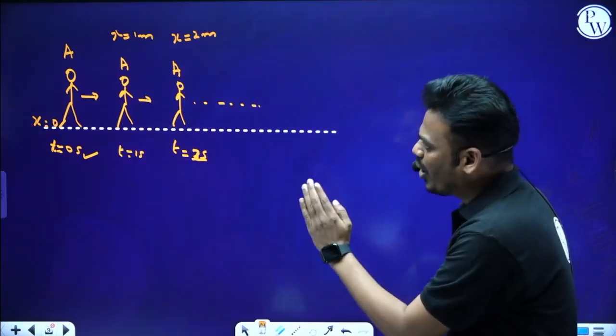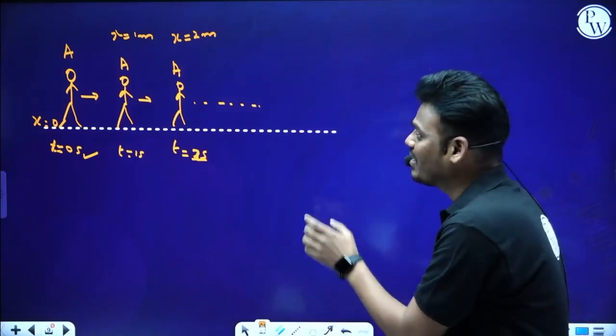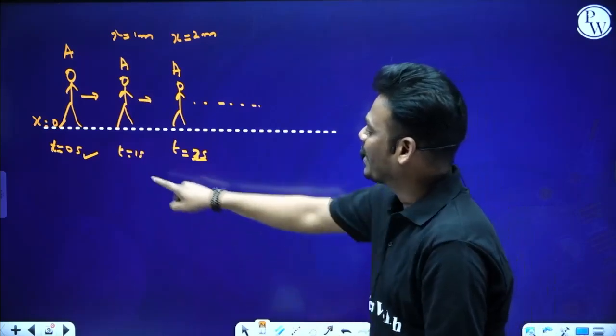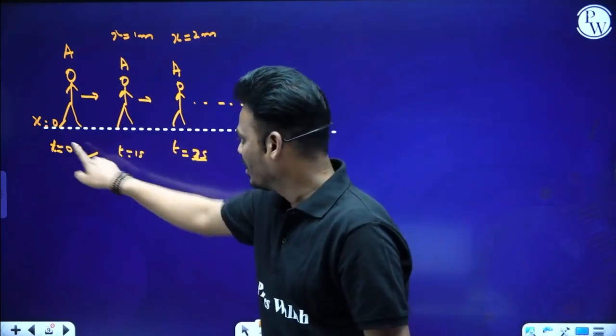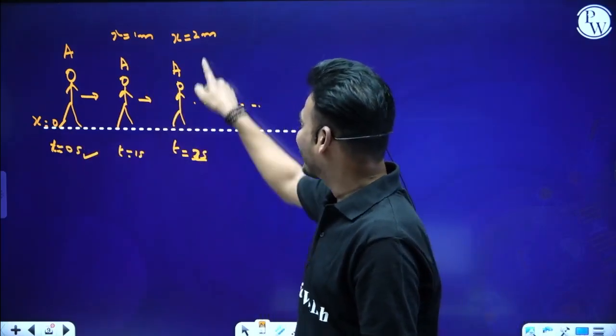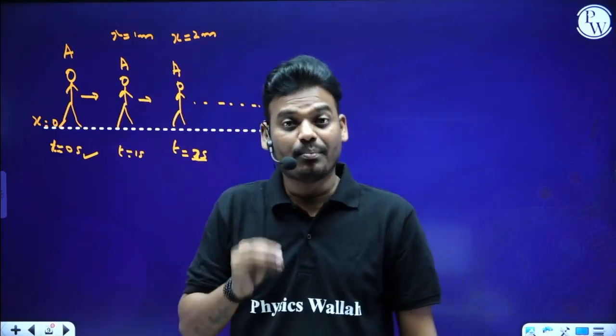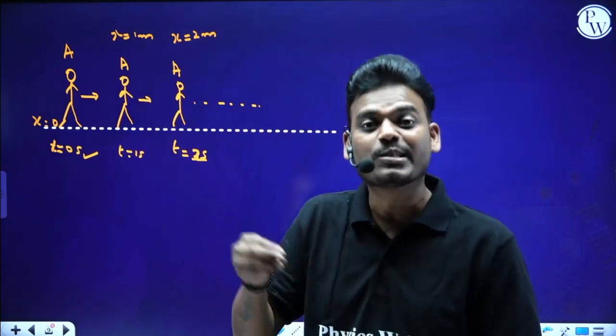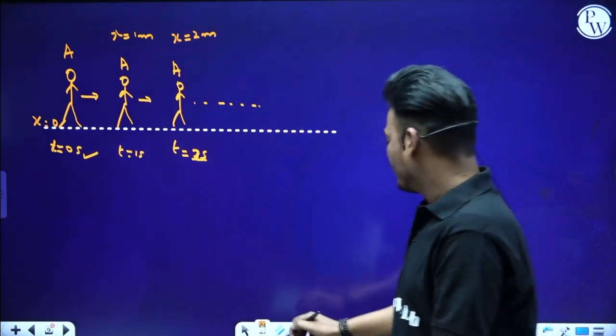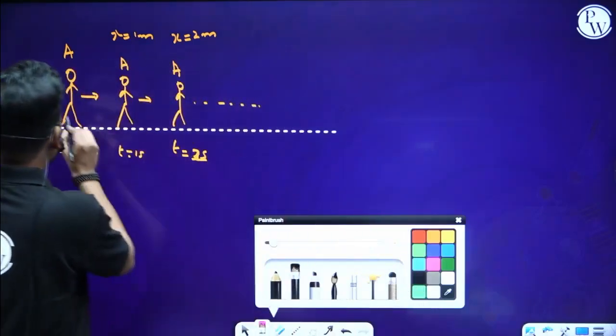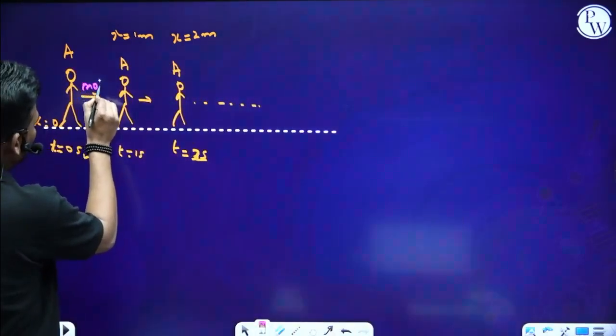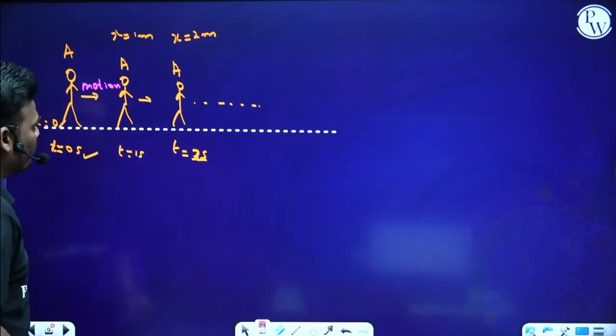As the student changes his position with respect to time, you see 0, then 1 second 1 meter, 2 seconds 2 meters. That means the body is changing its position with respect to time. That means the student is in motion.